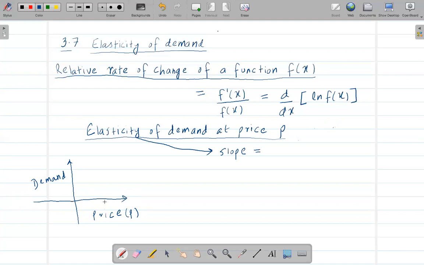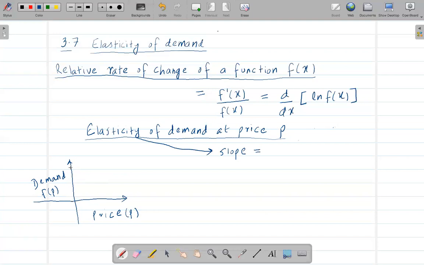When you see the market, any item which is at a cheaper price will have high demand. If the price is very high, then the demand will be low. So demand is the dependent variable, and price is the independent variable. Let's say this is any function f that depends on P.